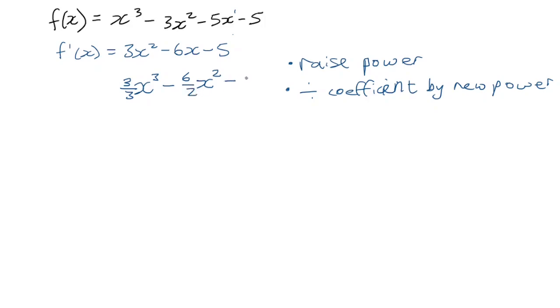We're going to raise the power, and there's no power of x, so if it raises it by 1, it will go just up to x, or x to 1, and we'll divide the coefficient by the new power, and that will leave us with, and this is going back up to the original, if I simplify that, this will leave us with 3 and 3 will cancel out, so it's just x cubed.